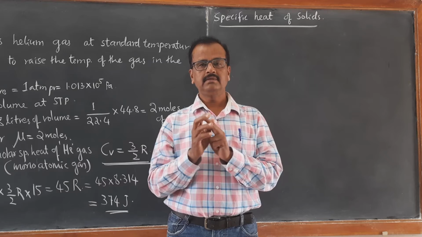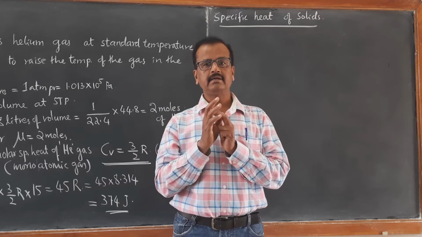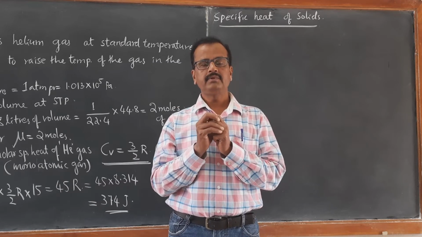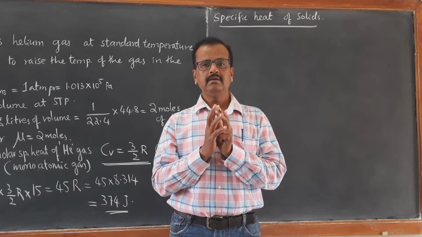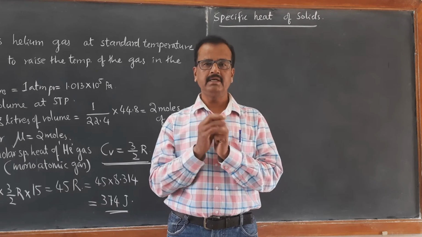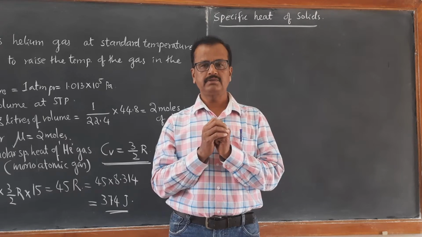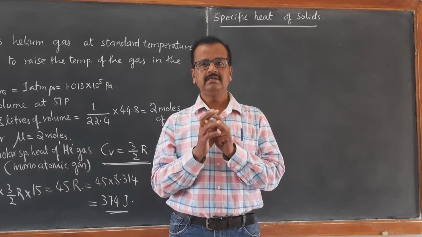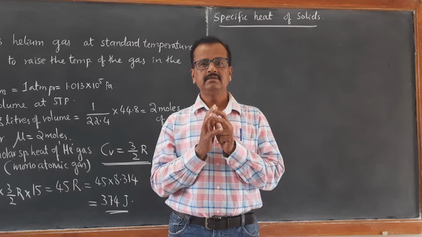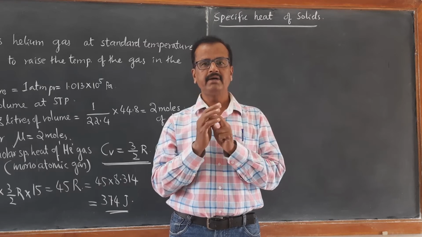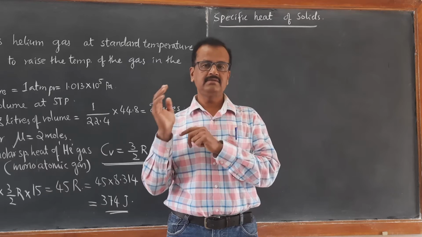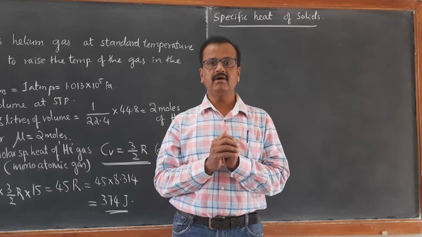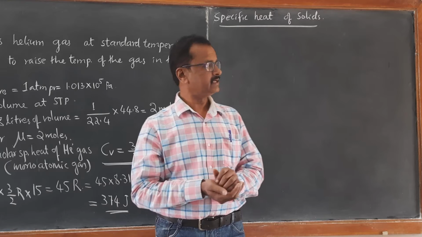Thus, the kinetic theory of gases is very well in agreement with the experimentally observed values. The kinetic theory explains the behavior of gases as we compare the molar specific heats with the experimentally observed values.